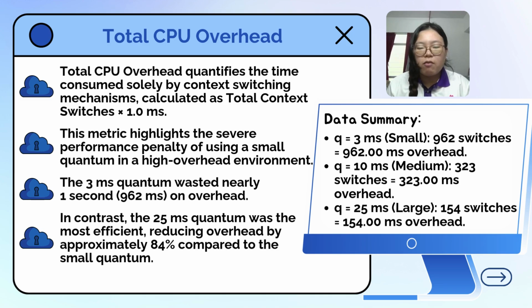At the medium quantum of 10 milliseconds, overhead dropped to 323 milliseconds, and at the largest quantum of 25 milliseconds, it fell to just 154 milliseconds. This represents an 84% reduction in wasted CPU cycles compared to the smaller quantum, proving that a larger time slice is essential for maintaining system throughput when context switching costs are high.